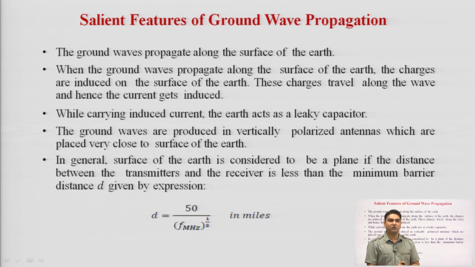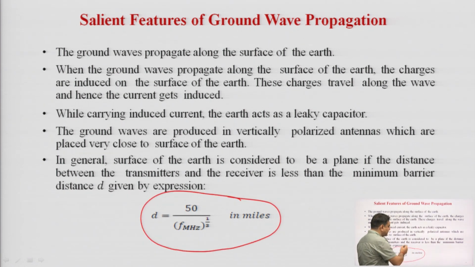While carrying induced current, the earth acts like a leaky capacitor, and ground waves are produced by vertically polarized antennas, which are placed very close to the surface of the earth. All vertical antennas are affected by the ground. In general, the surface of the earth is considered to be a plane if the distance between the transmitter and receiver is less than the minimum barrier distance d given by this expression.